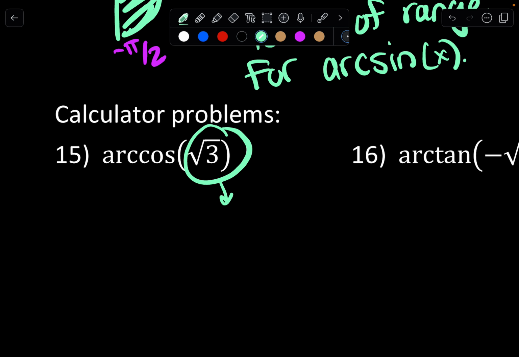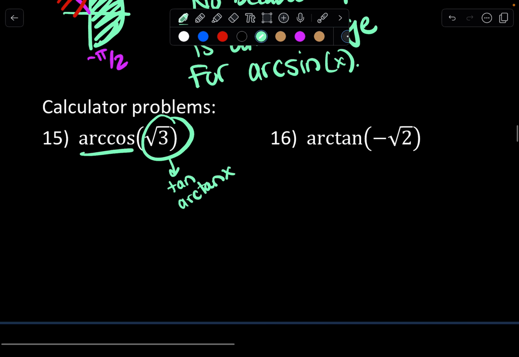This root 3 is special to tangent and arc tangent only. Not for cosine, not for sine. The only time that we should see a root 3 is if there's a 2 under it for sine and cosine. If it's just root 3, that's tangent and arc tangent specific, which means we cannot evaluate this using a standard coordinate on the unit circle.